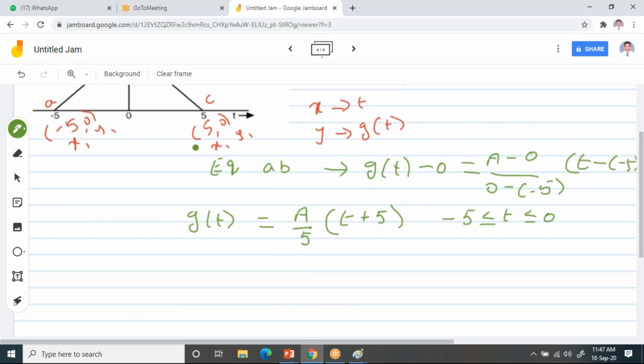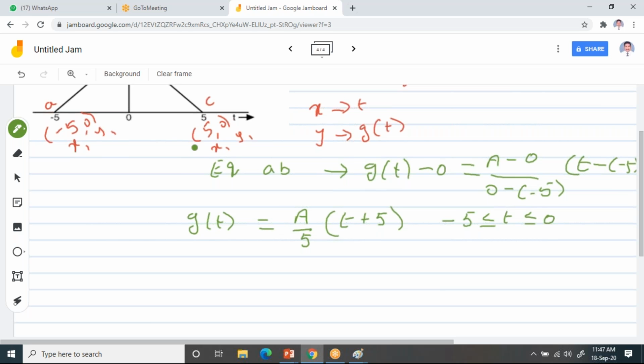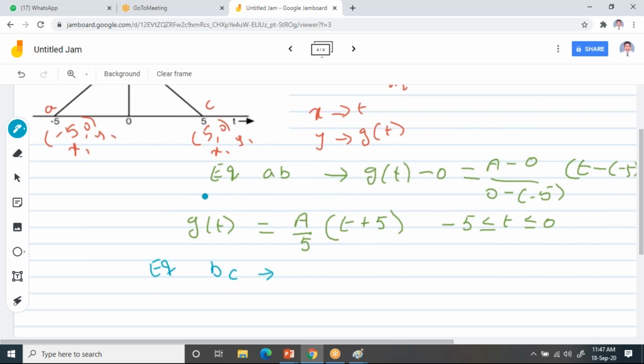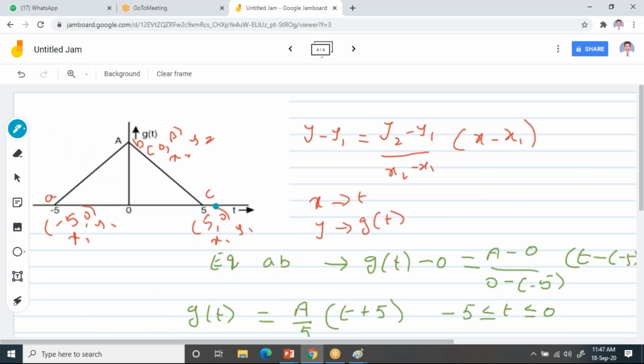Now similarly, you need to write the equation for BC. When you write the equation for BC, you treat this as x2, y2. I am not changing the coordinates for x2, y2, but for C I am now going to consider the coordinates as x1, y1.